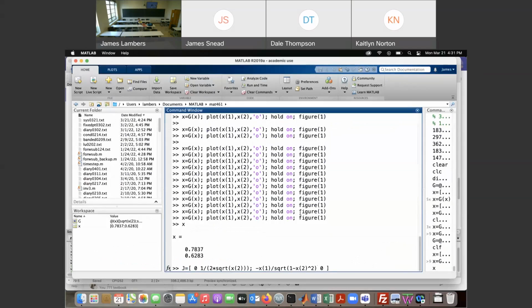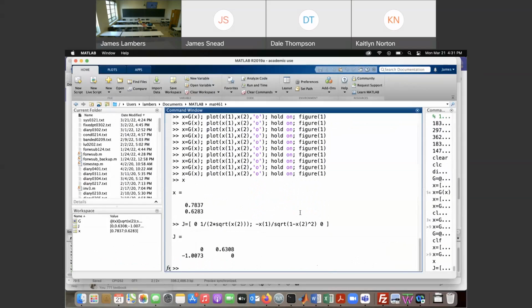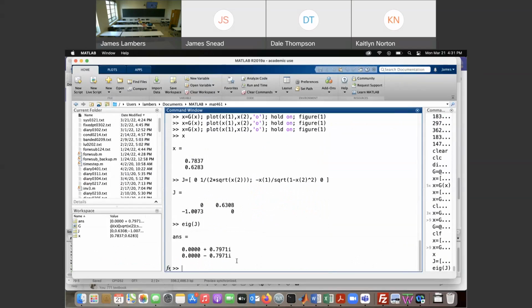So for this particular x, this is our Jacobian. And if I look at the eigenvalues of the Jacobian, they're both less than 1 in absolute value. So that would explain why there's convergence, but slow convergence, because it's not much less than 1.